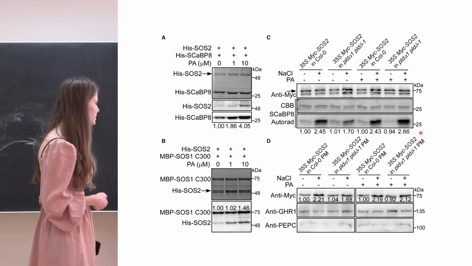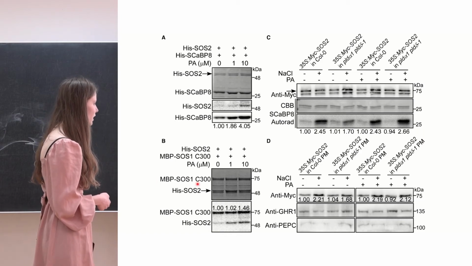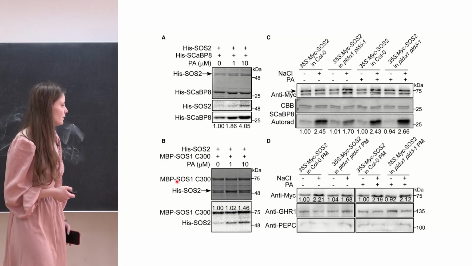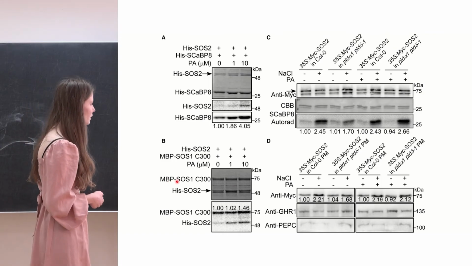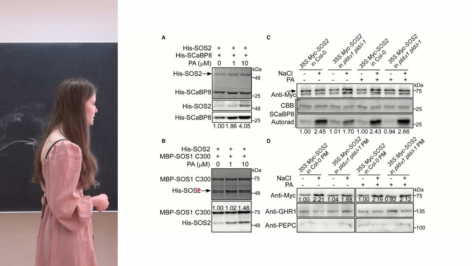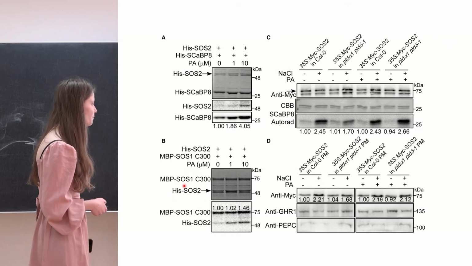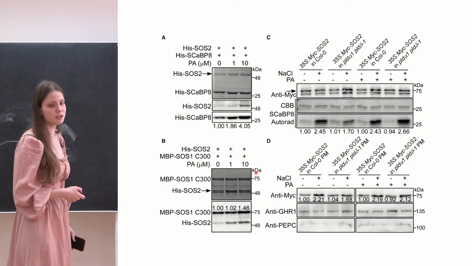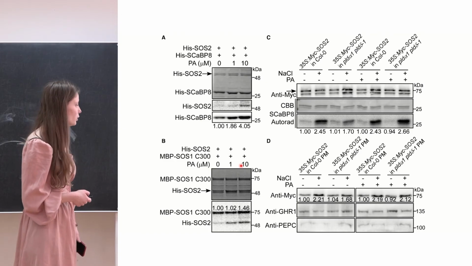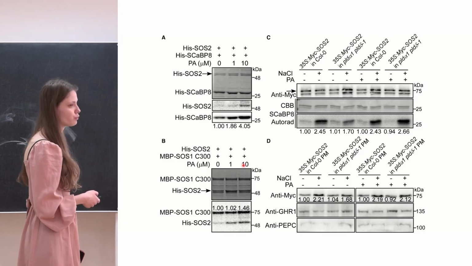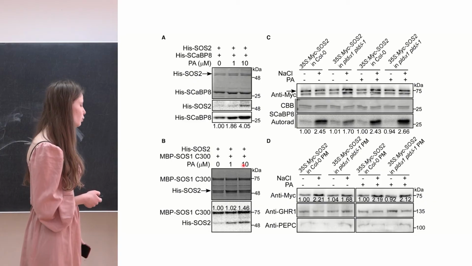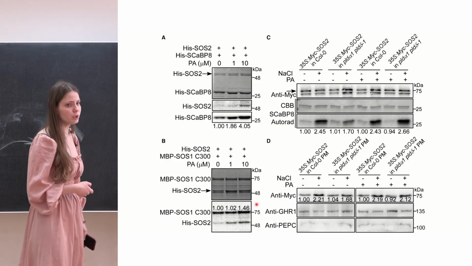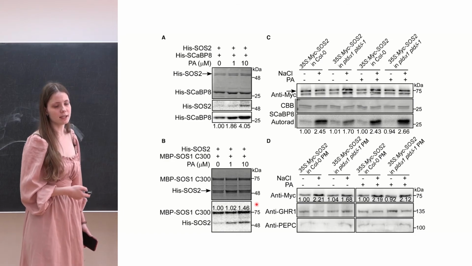Также еще было показано, что домен из 30 аминокислот с С-конца будет также фосфорилироваться киназой СОС2, и это тоже будет иметь концентрационно зависимую составляющую: когда мы увеличиваем концентрацию фосфатидиновой кислоты, у нас увеличивается фосфорилирование этого домена в белке СОС1.